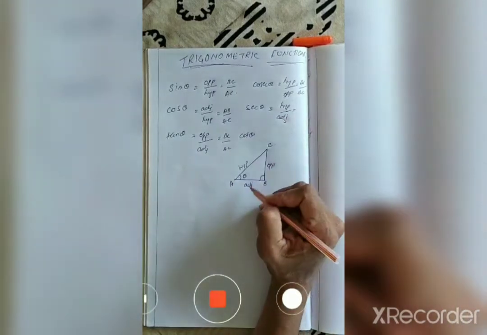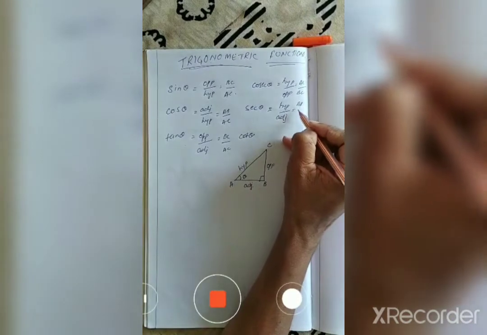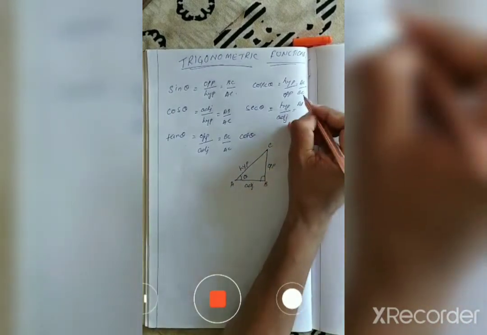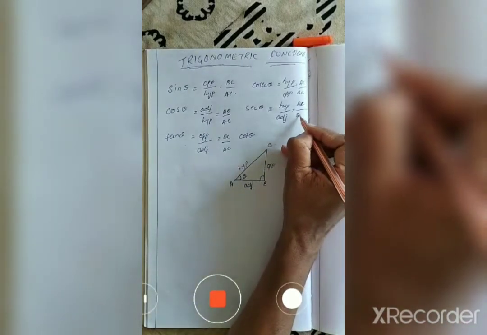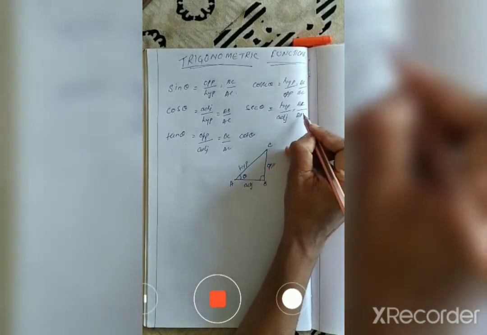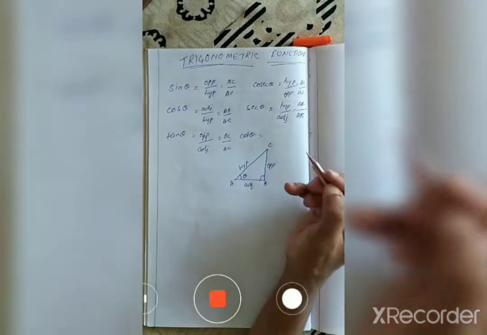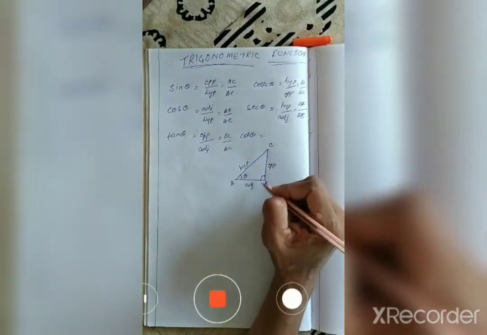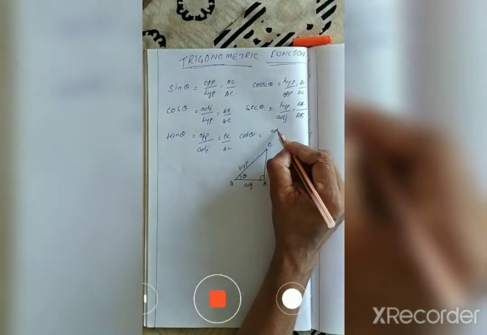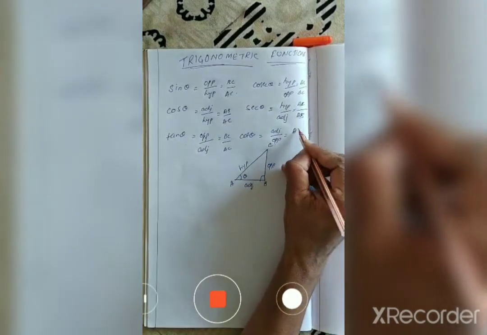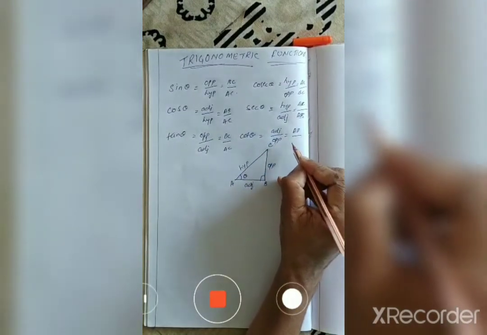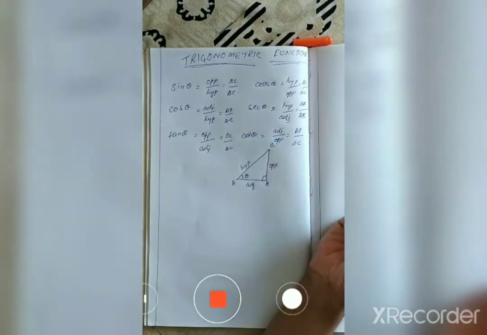Here in this case, adjacent side AB, hypotenuse AC, so it is AC by AB. Next, cotangent theta or cot theta is adjacent side divided by opposite side, that is AB by BC.